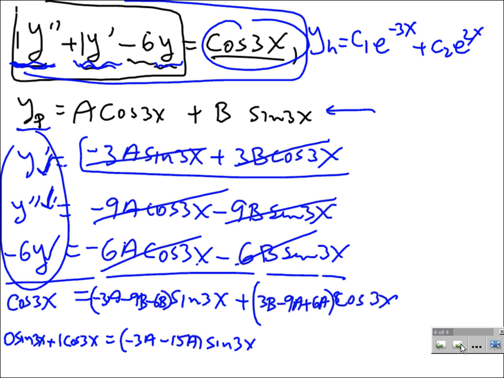And over here, you have 3b's minus 3a's. Negative 9 plus 6 is negative 3, cosine of 3x.